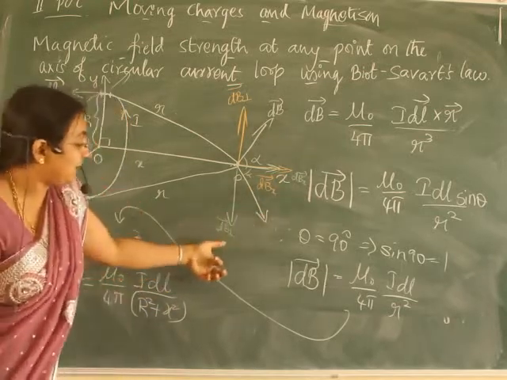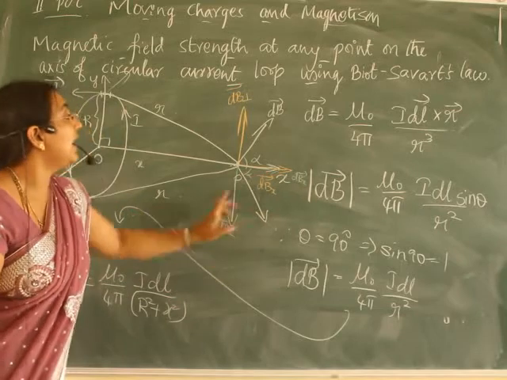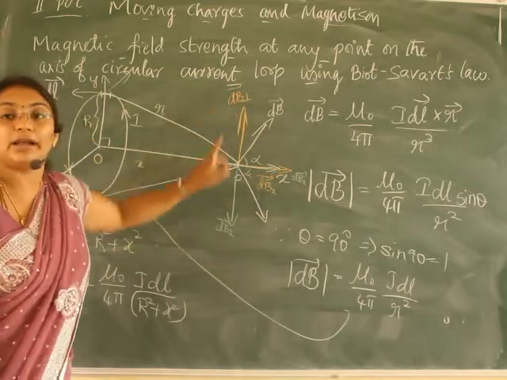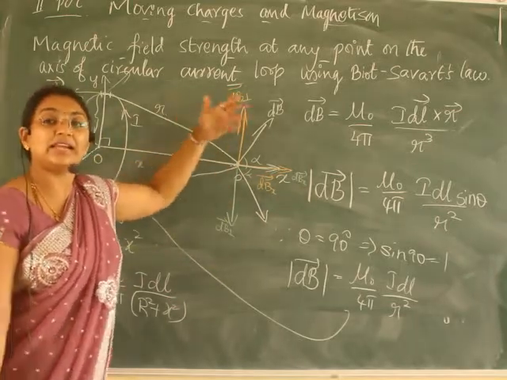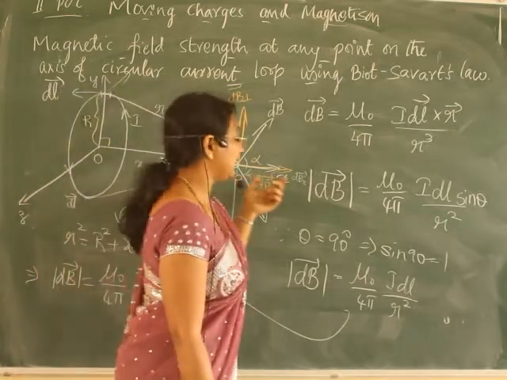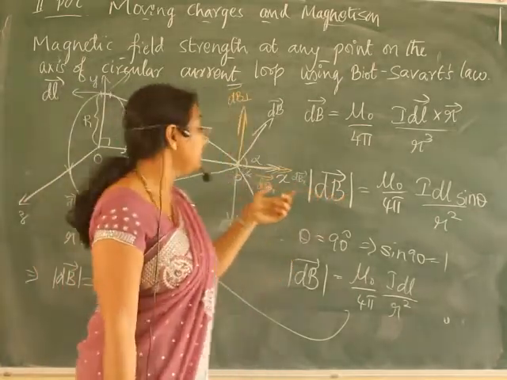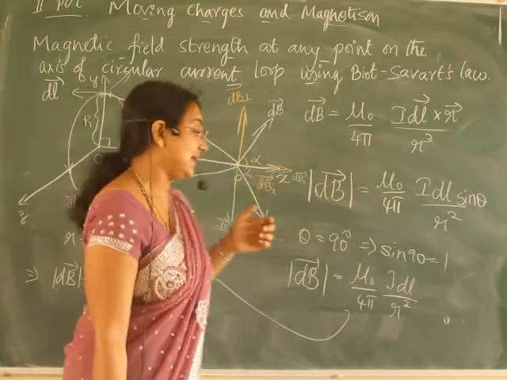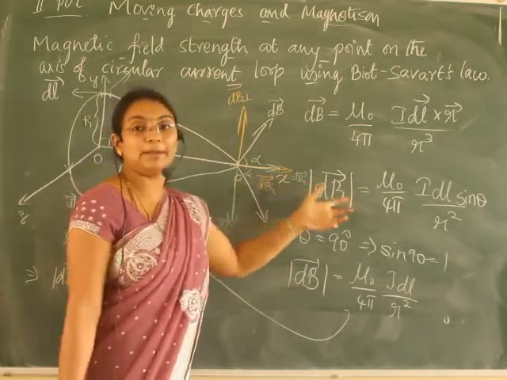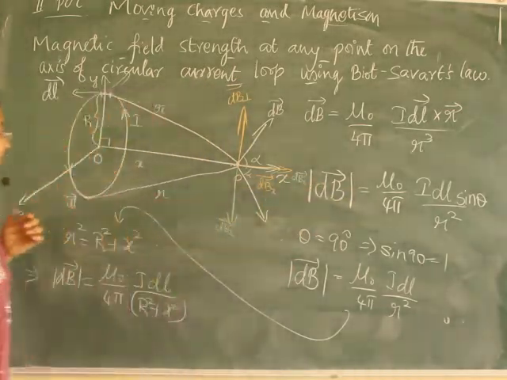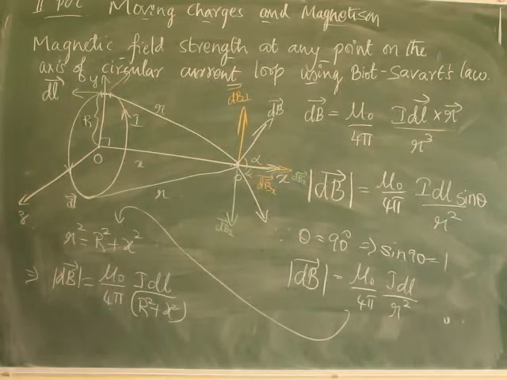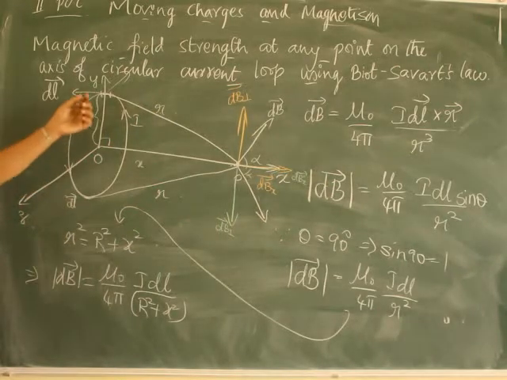Since dB perpendicular of this one and this one are equal and opposite in direction, they will get cancelled out. Only the magnetic field which is getting added up is along the x-axis. dBx vector plus dBx vector, correct? Am I right? What is happening? See here what we have done.